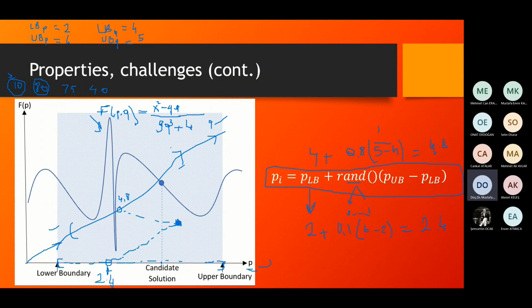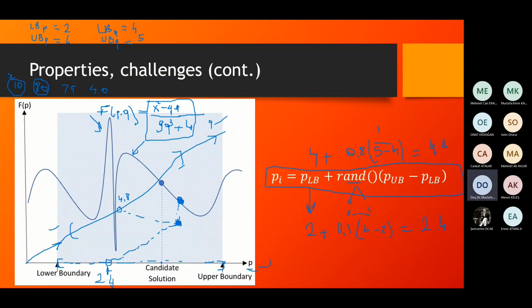Imagine that this f(p,q) function has a mathematical expression, something like this. We have to calculate the fitness value for this point in order to find out where the f function value is.